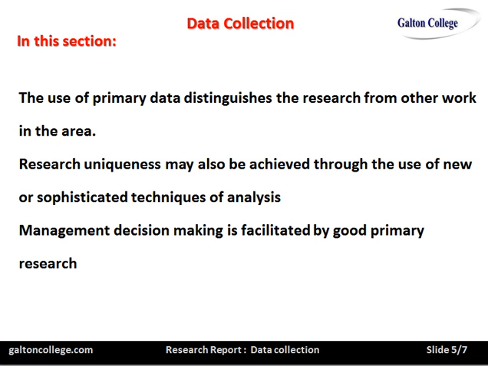The advantage to management in making decisions is good primary research, which is unique. It's a particular insight, if it's done properly, into the behavior of competitors or the behavior of customers or suppliers or whatever. If it's good primary research, it facilitates good decision making.